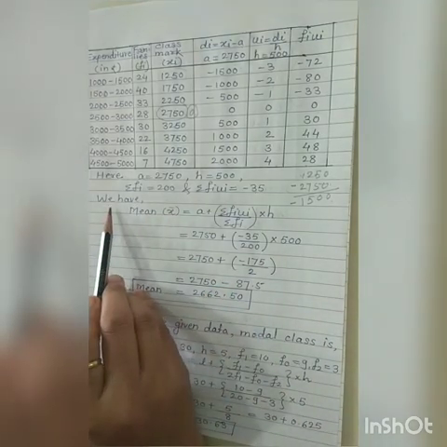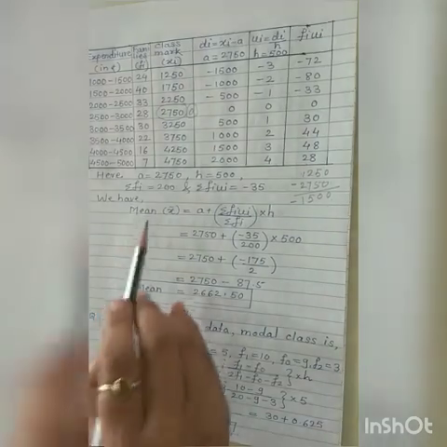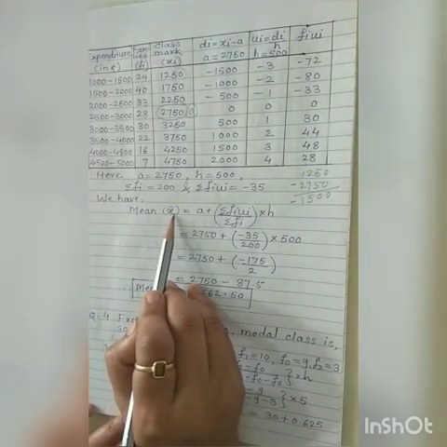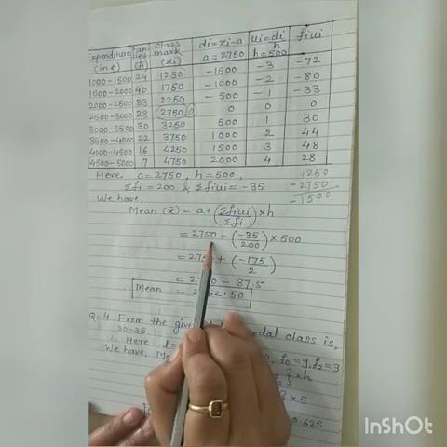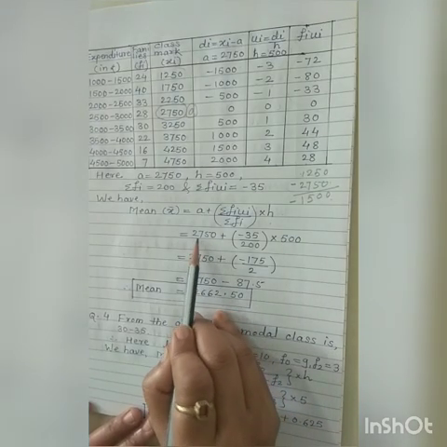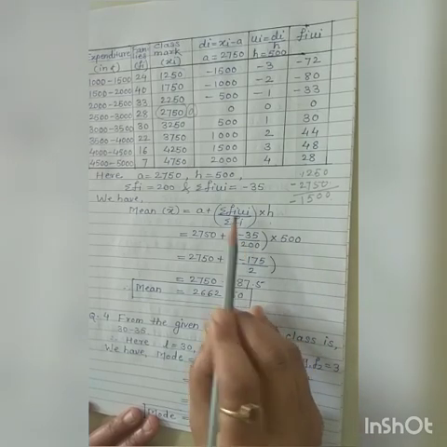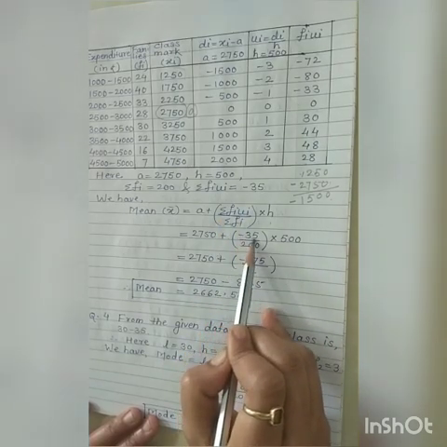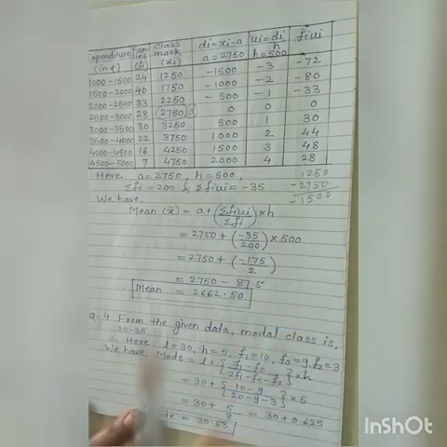So put all these values in the formula of mean by using the step deviation method. So write down the formula and put the values in the formula. So here 2750 plus summation fi ui, that is minus 35, divided by 200 into 500.